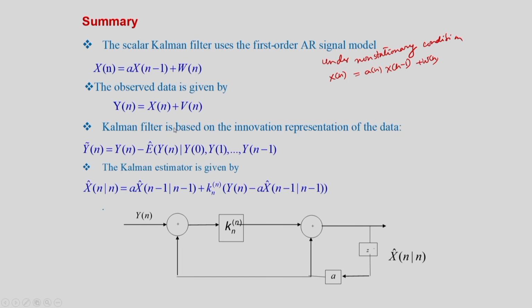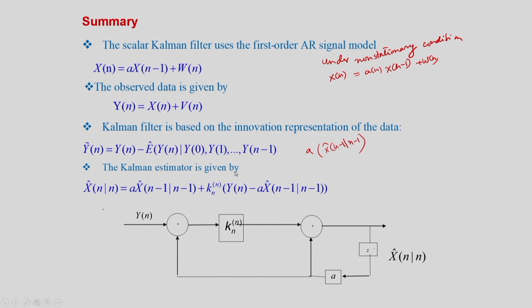We derive the Kalman filter based on the innovation representation of the data, that is y tilde n is equal to Y n minus E hat, the linear mean square error estimator, E hat of Y n given y0, y1 up to y n minus 1. And using the model, we showed that this is the same as A times x hat at n minus 1 given n minus 1.